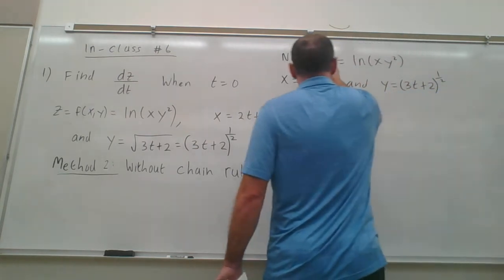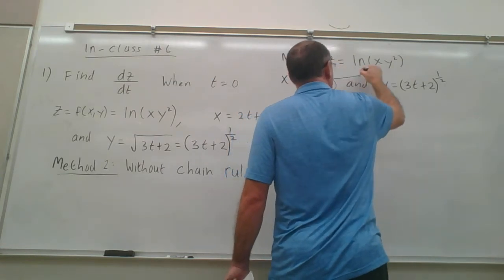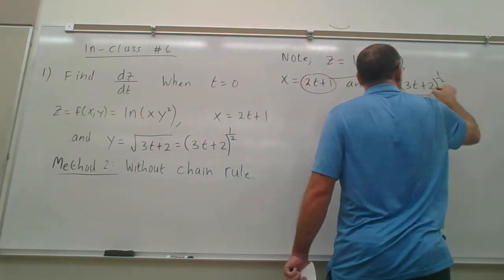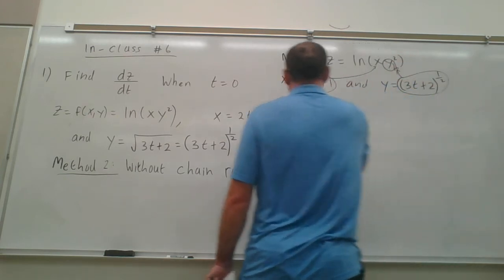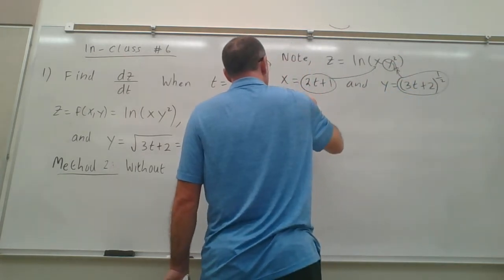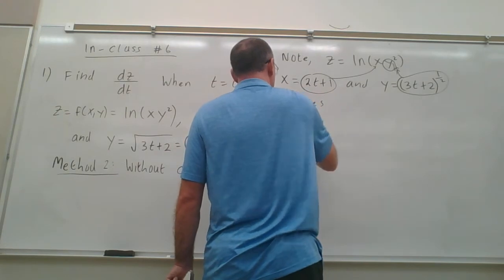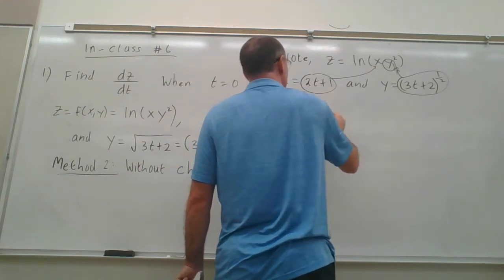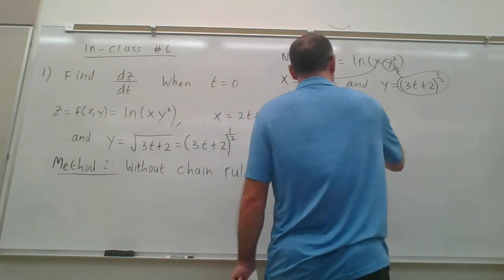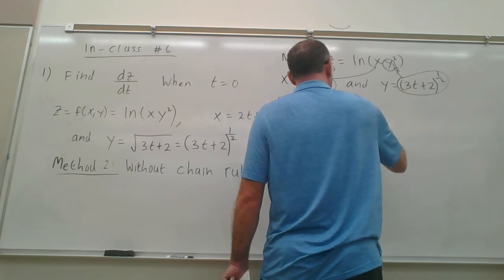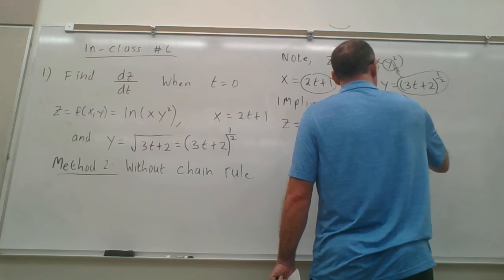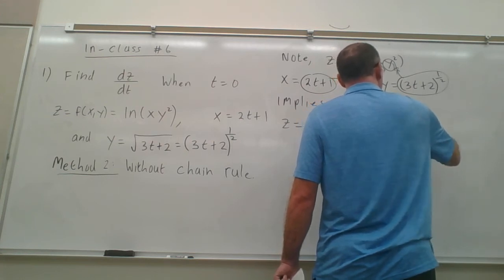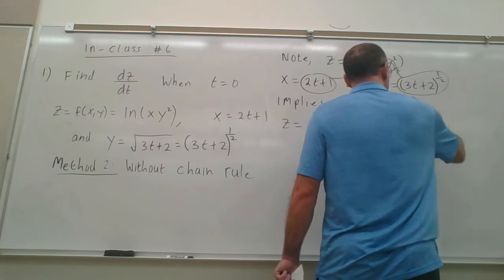So we're going to make the substitutions to write z as a function of t. So put that there, put that there. Implies, so z as a function of t can be written as ln of 2t plus 1 times 3t plus 2 to the 1/2 squared.